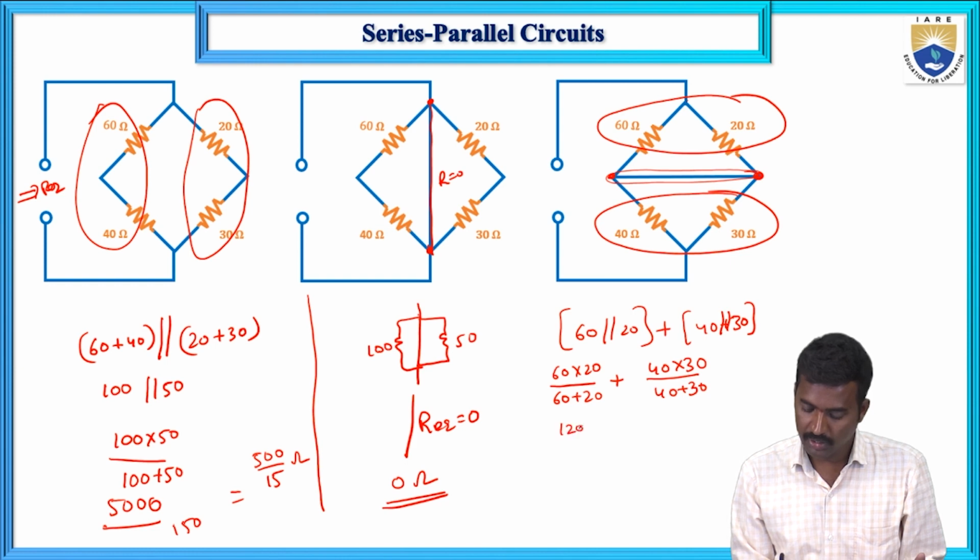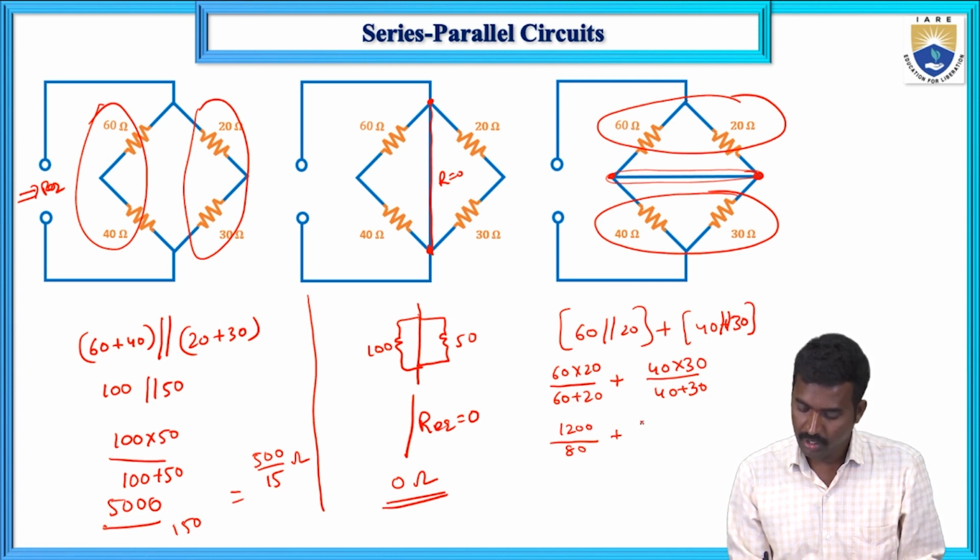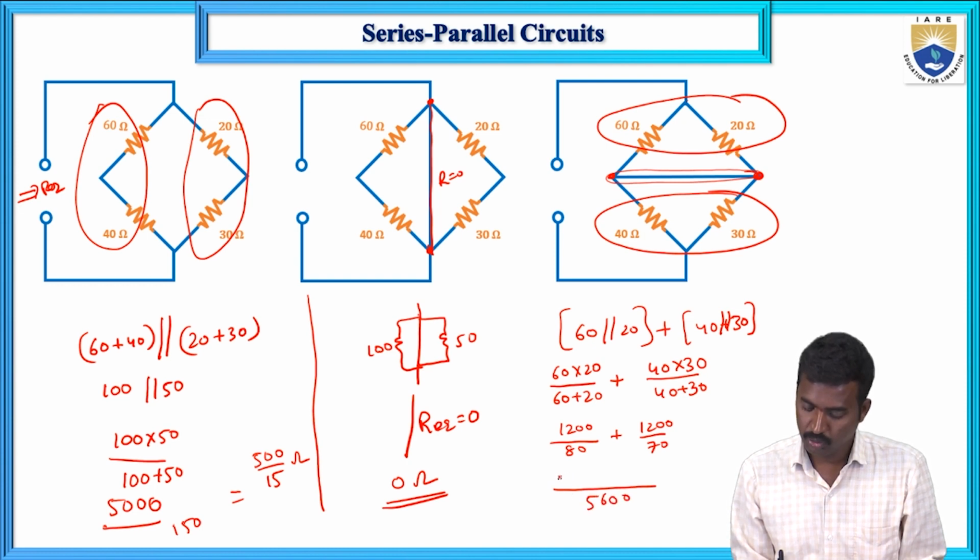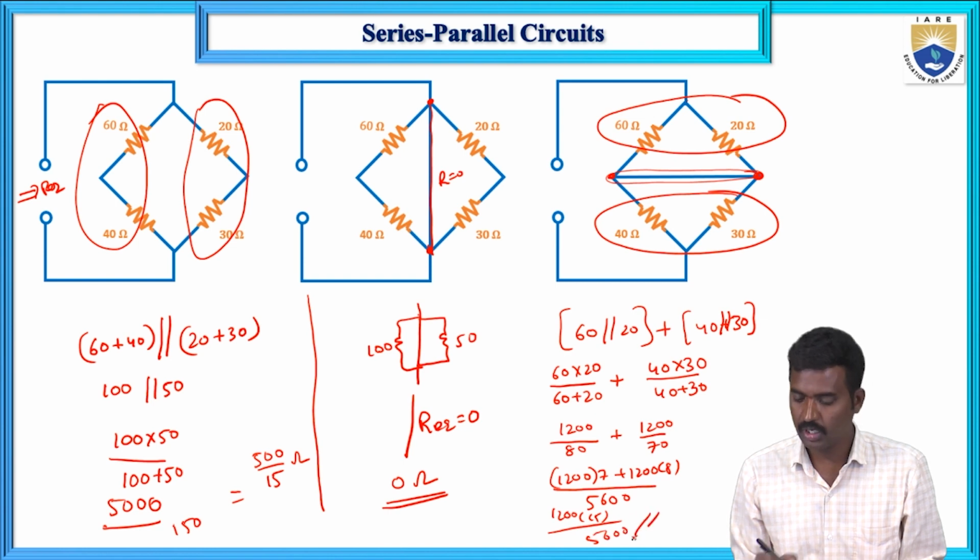Here 1200 divided by 80, and 1200 divided by 70. If you simplify this, it is 1200 into 7 plus 1200 into 8, so that is 1200 into 15 divided by 5600. So this is the R equivalent.